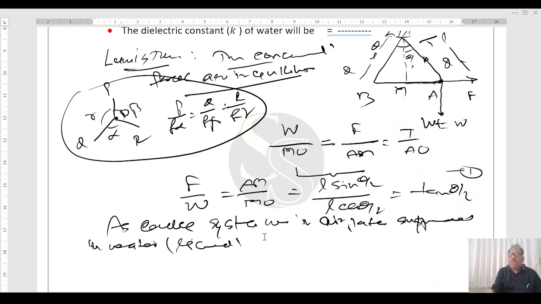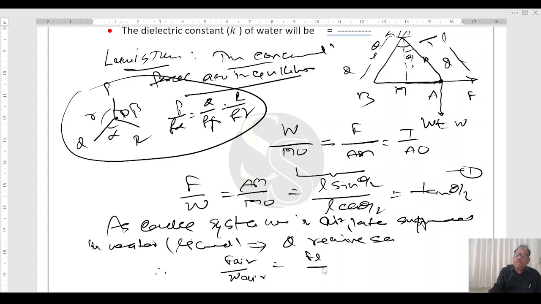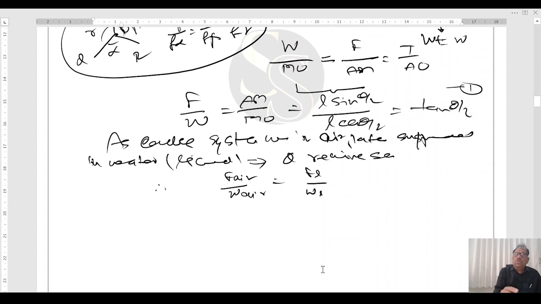Take it as a liquid. In that case, theta remains the same. Therefore, F air over W air will be equal to F liquid over W liquid. This will be the same. We are concluding this from here, right?